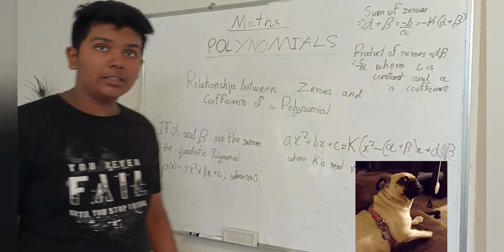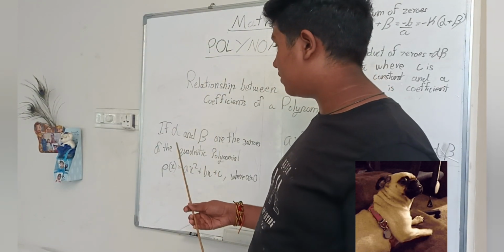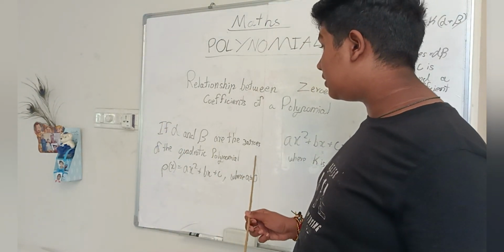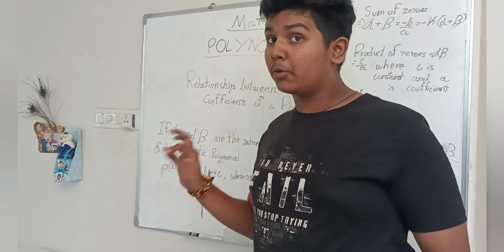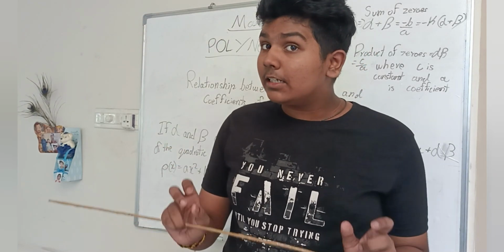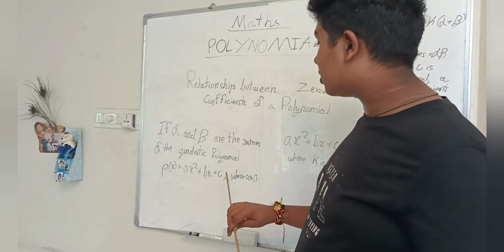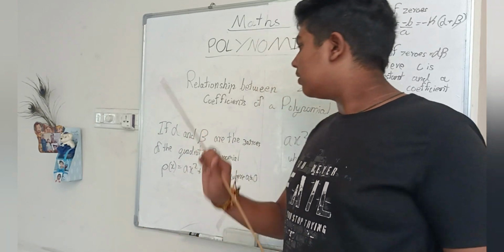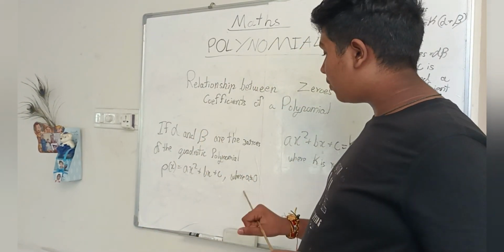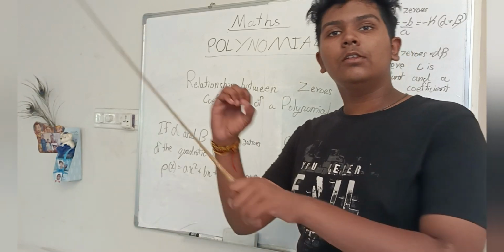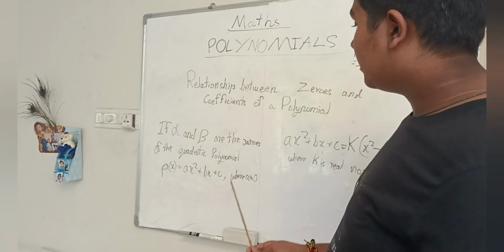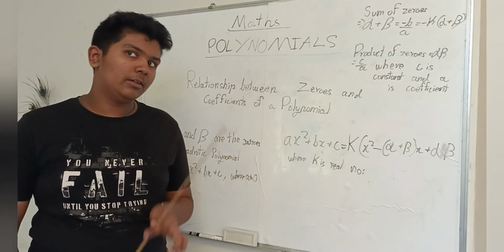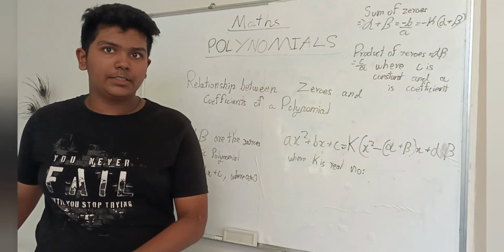So first thing we'll be learning is, if alpha and beta are the zeros of the quadratic polynomial, that means the degree is 2, so quadratic polynomial, that is p of x is equal to ax square plus bx plus c, where a is not equal to 0. Here is a formula which is very important. It may be asked in board exams.